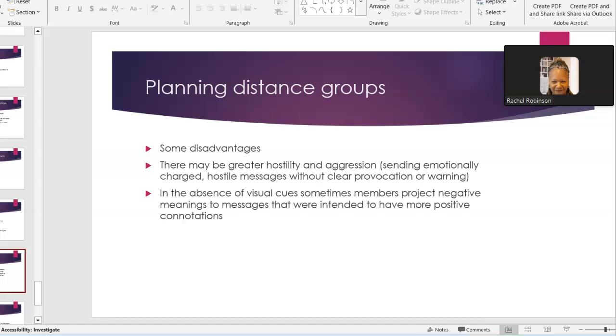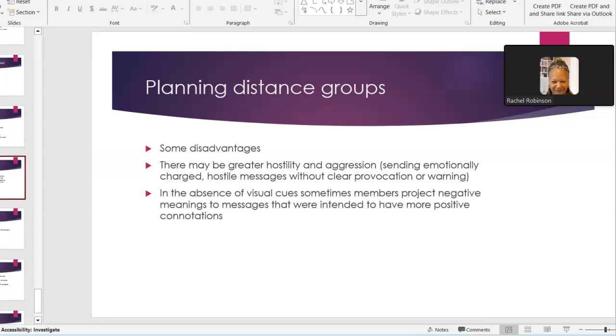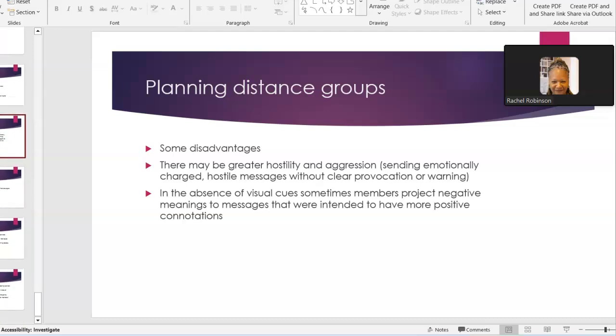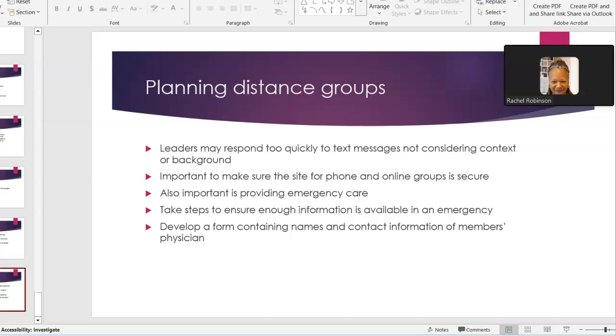And if we go back to the chapter on communication and what encoding and distortion and then decoding looks like, it can be a whole mess when it comes to distance groups. So I want you to read the rest about planning distance groups.